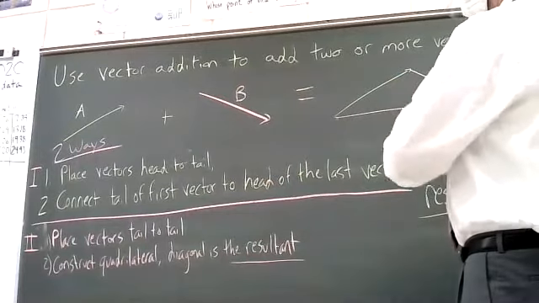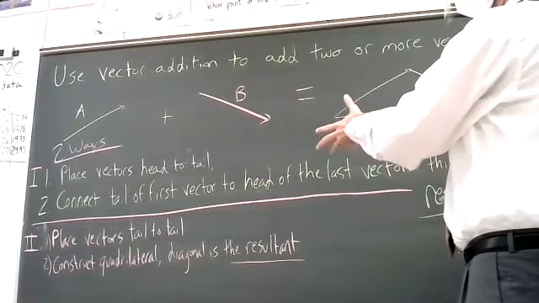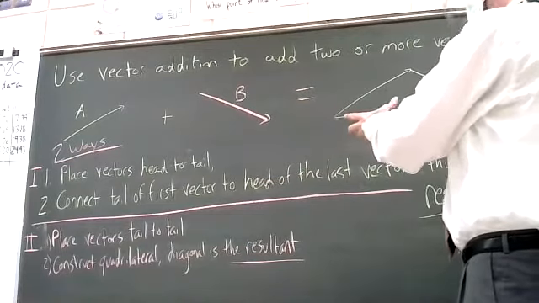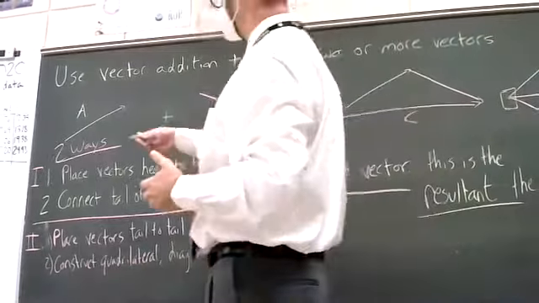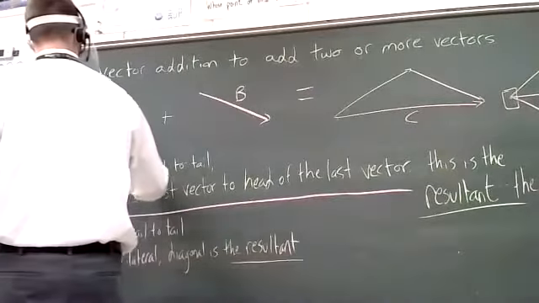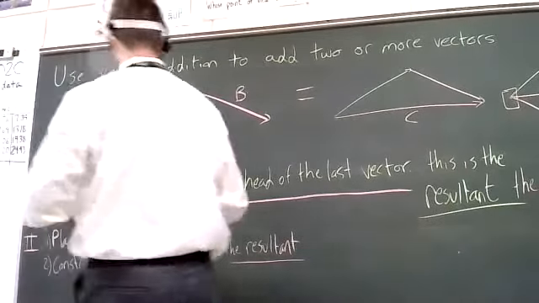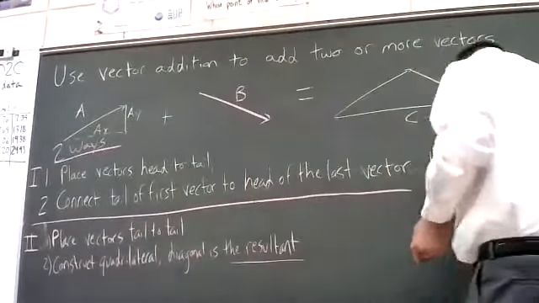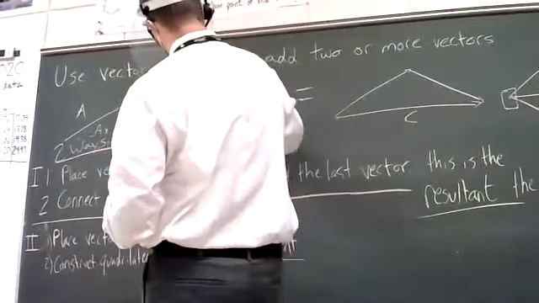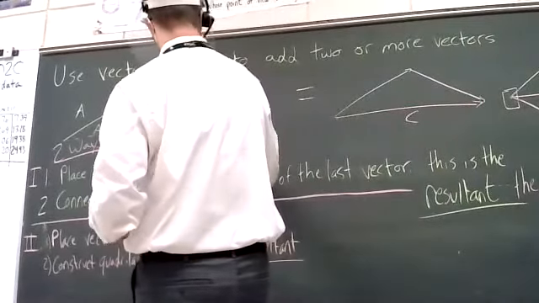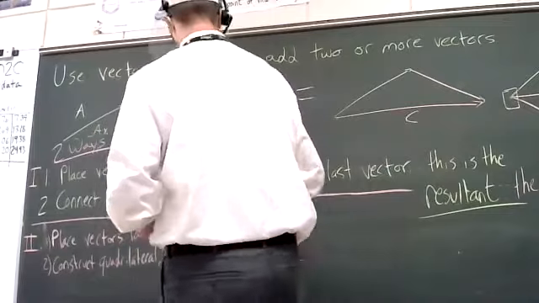And we haven't really talked about resolving these vectors, but that's another way we talked about how we can add them. We could say, well, this vector A has components AX and AY, and this vector B has components BX and BY.